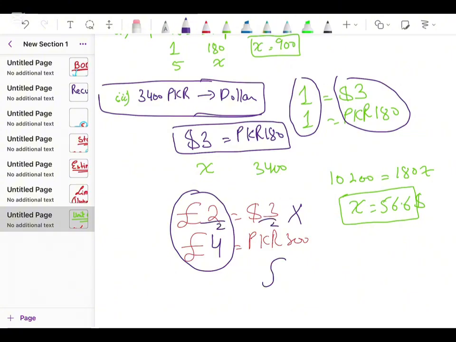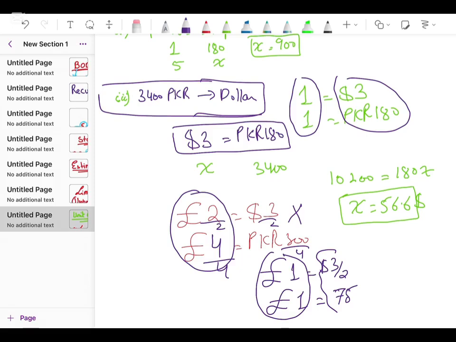So this means that 1 pound is equal to $3 upon 2, and in the second I will divide by 4. This means that 1 pound will be equal to 300 divided by 4. What will we get? 75. So now you can see that the left side is equal. So we can say that $3 upon 2, 1.5, will be equal to PKR 75.